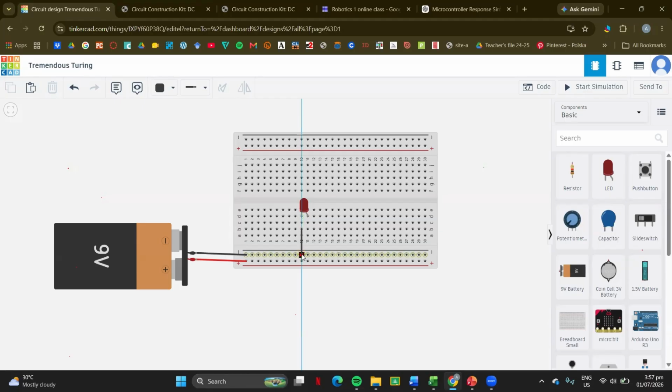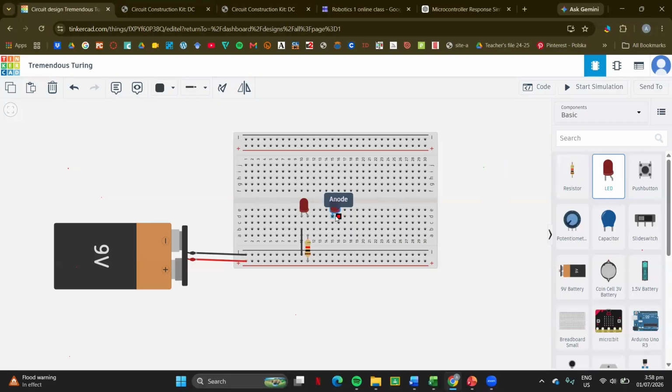So I draw this in there. So that's connected to my negative terminal. I'll use the resistor as a protector and a connector. Since this is my anode, I need to connect that to the positive terminal. And then if I click start simulation, you can see that the LED lights up. I'll stop the simulation for now.